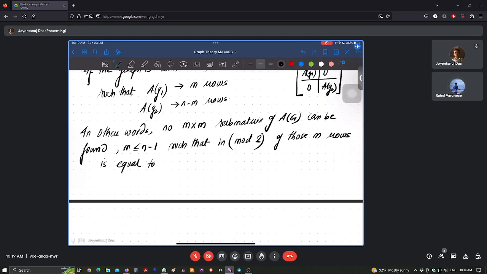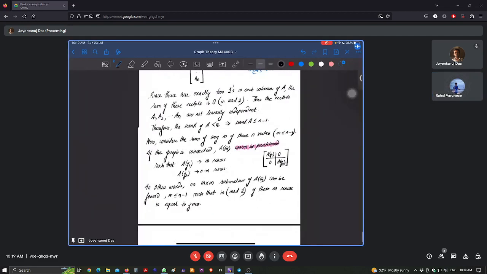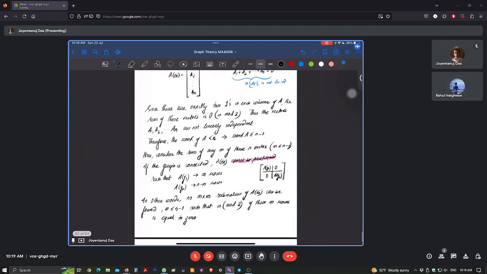Right? So now since we are considering modulo 2, the only two scalars available are 0 and 1, right?